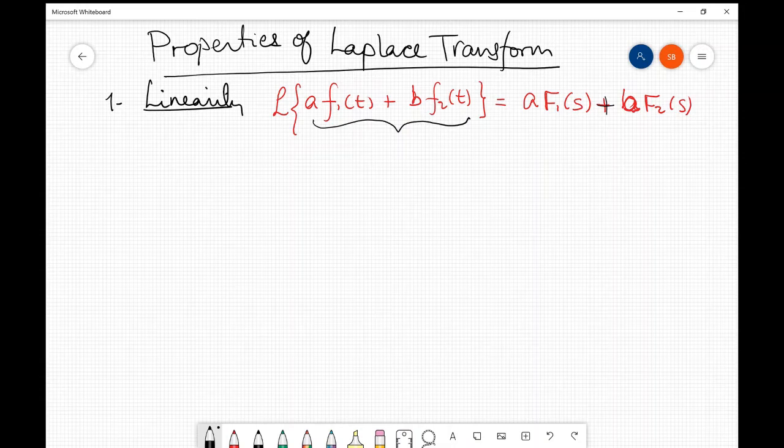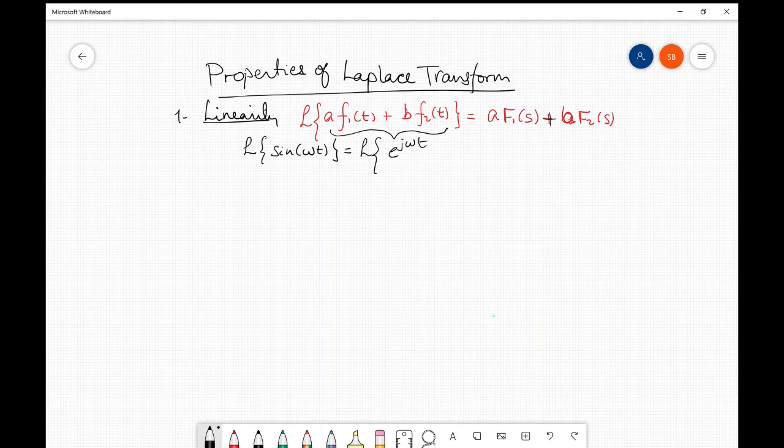For example, when we tried to find the Laplace transform of sine omega t, we used that property where sine omega t is defined as e raised to j omega t over 2j minus e raised to minus j omega t over 2j. Okay, this one is minus here.